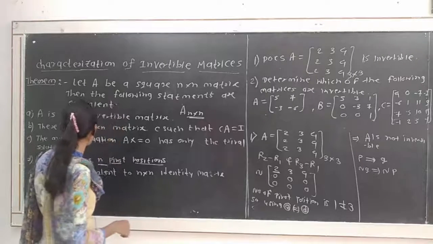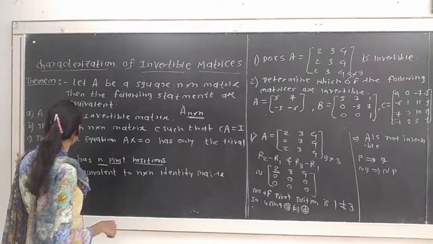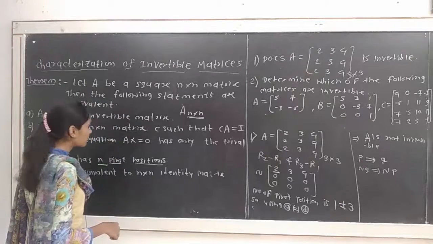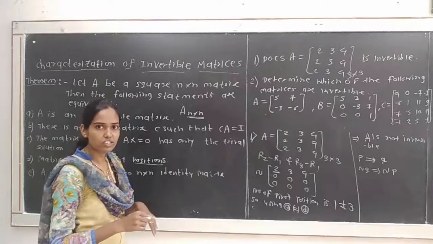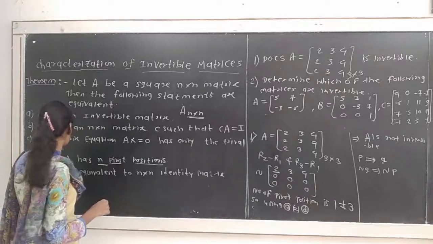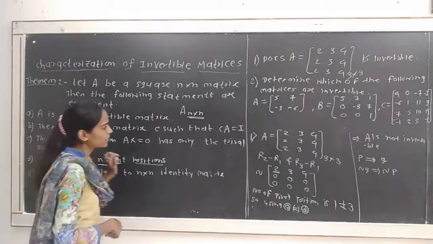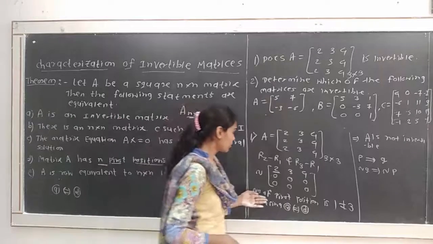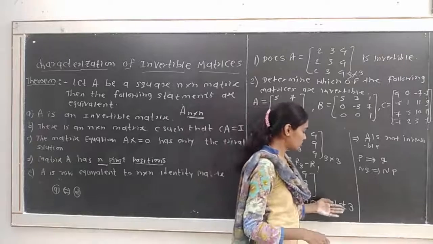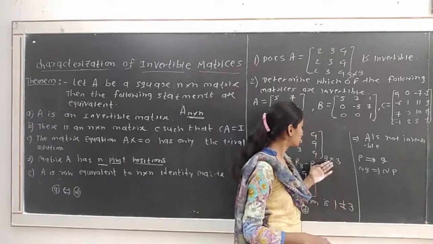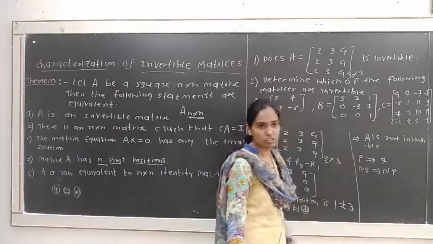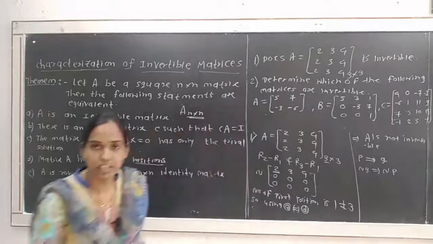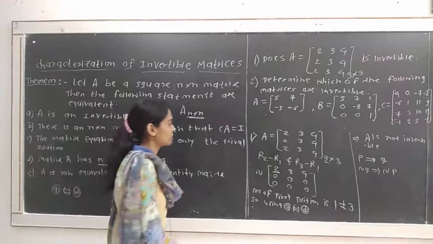We take A as the P statement and D as the Q statement, and use the equivalence negation Q implies negation P, that is, negation of D implies negation of A. Here we get one pivot position, which is not 3, the order of the matrix. So this matrix is not invertible, using the characterization of invertible matrices.